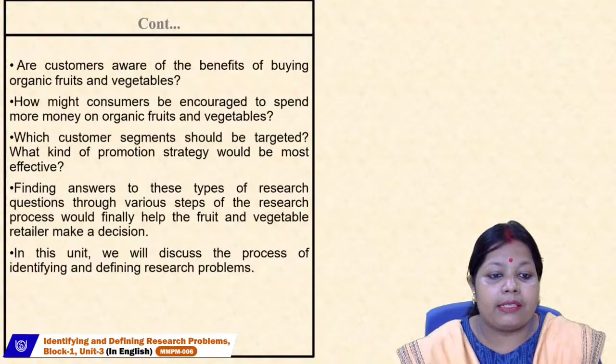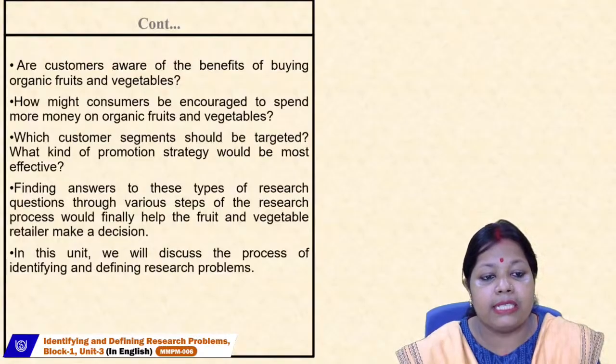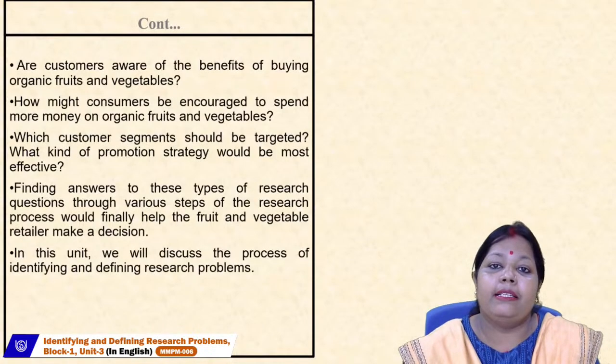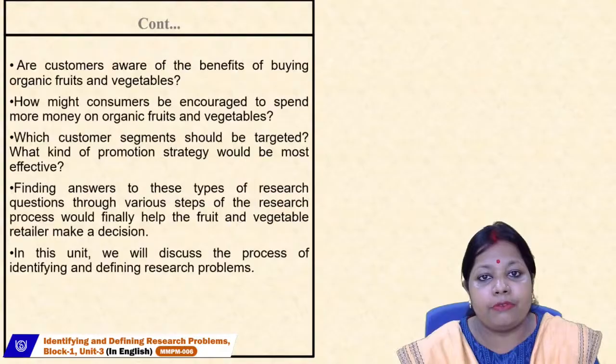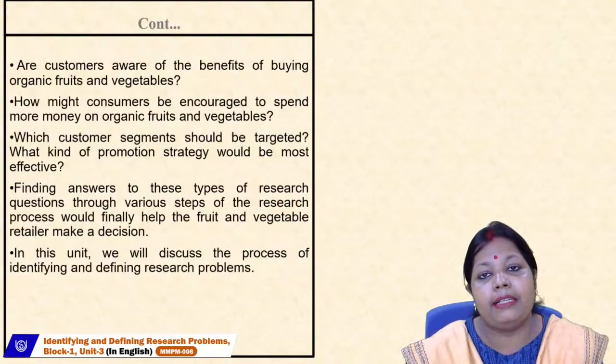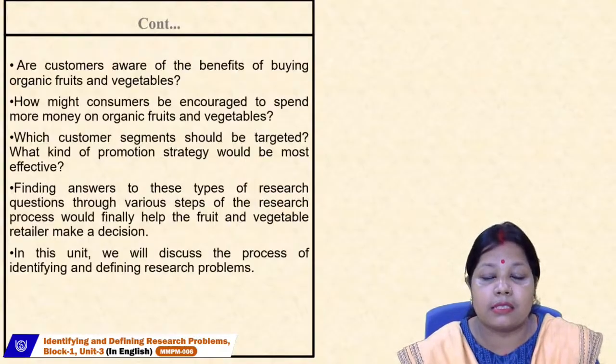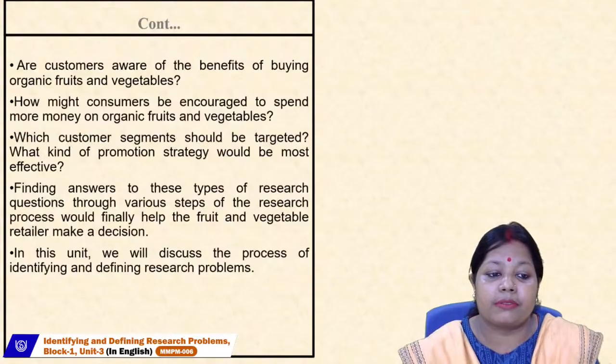Then finding answers to these types of research questions through various steps of the research process would initially help the fruit and vegetable retailer make a decision. So after knowing these questions, we will go for finding the solution or the answers to such questions.